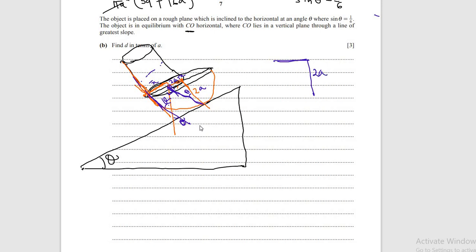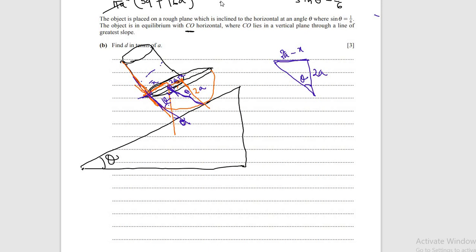Here is 2a. This is the other side here. This side is 2a. Here is 2a minus x, and this is the angle. Okay, now let me make it clear.